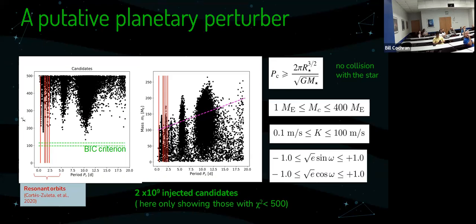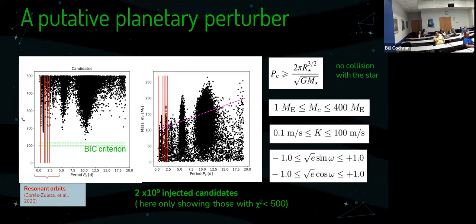And so at the end, I had the chi-square of all these 2 billion injected candidates, and I had the period, and I had to see if one of these was a good candidate. To do that, I applied the BIC, the Bayesian information criterion, which tells us how to compare 2 models with different chi-squares, maybe on the same data, but with a different number of parameters.